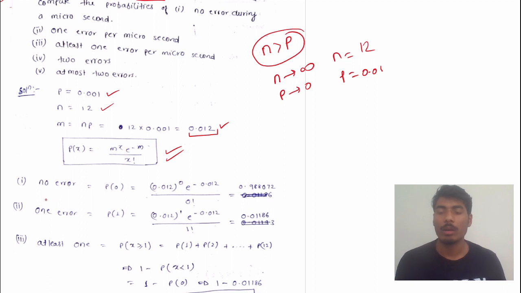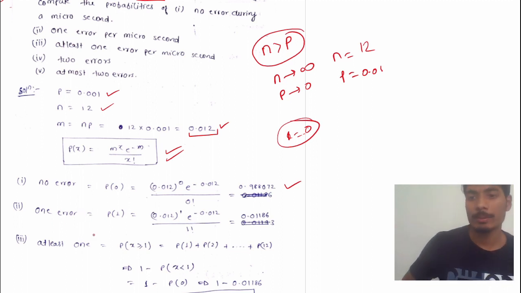For no error, x equal to 0. So P of x equal to 0: in place of m we put 0.012, and in place of x we put 0. After solving this with a calculator, you will get 0.988072.